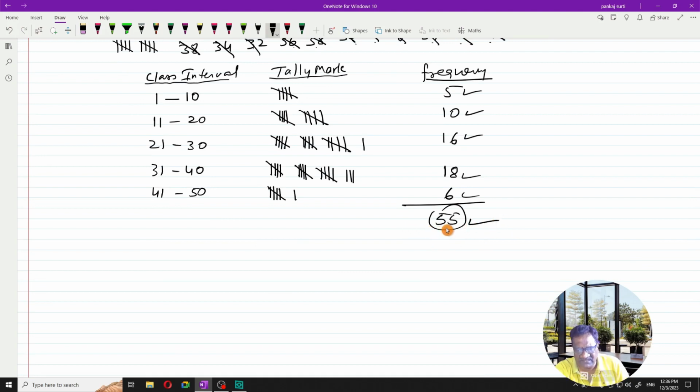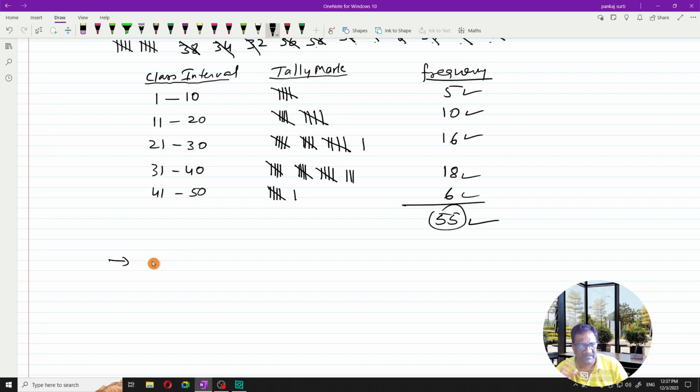So this was regarding the frequency distribution table, how to make a frequency distribution table. Then I'm going to teach you how to find out the mean. Next in statistics, once you have made a frequency distribution table, you have to find out certain things.